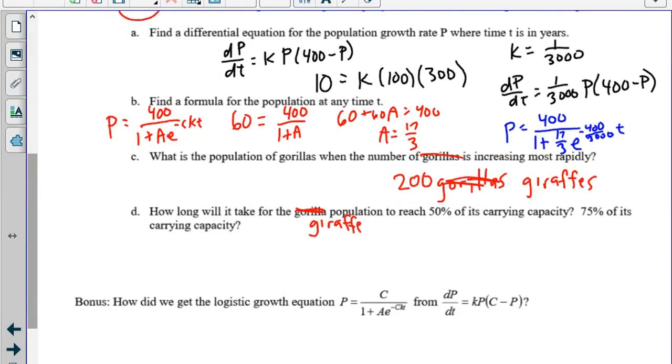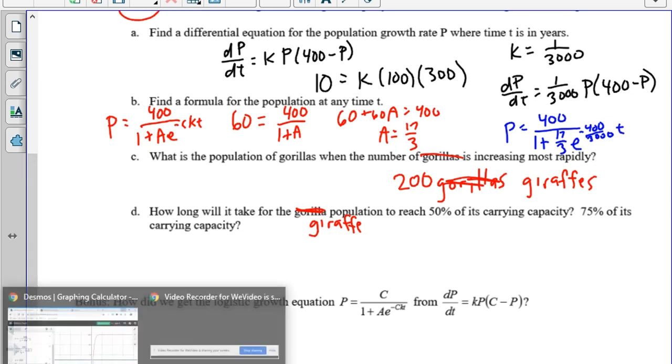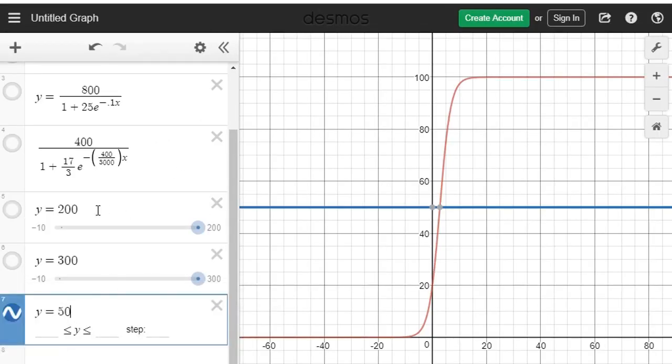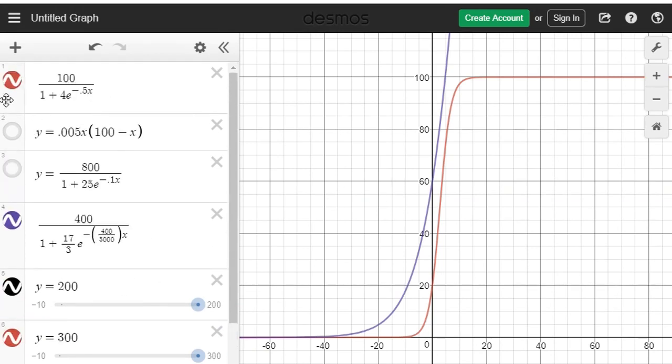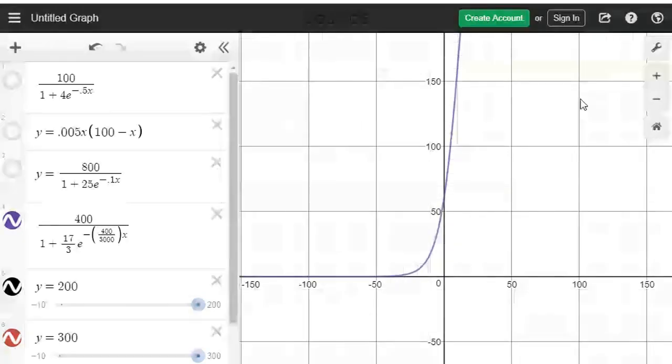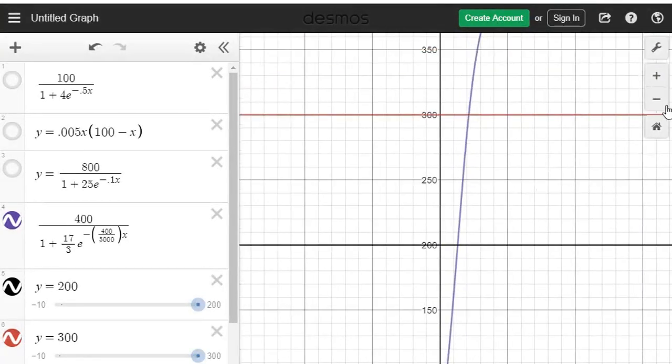In order to do that, I'm going to take a look at the graph because I don't really want to actually solve that by hand at the moment, since you guys can probably solve it by hand anyway. I probably have to zoom out a little bit more to see where it crosses 200 and 300.